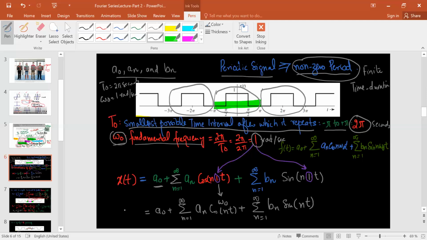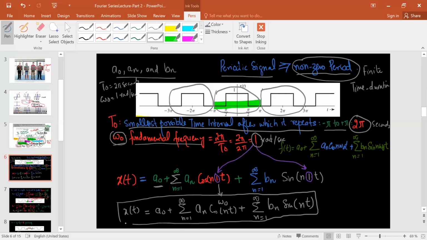So here is my Fourier series for my square wave.